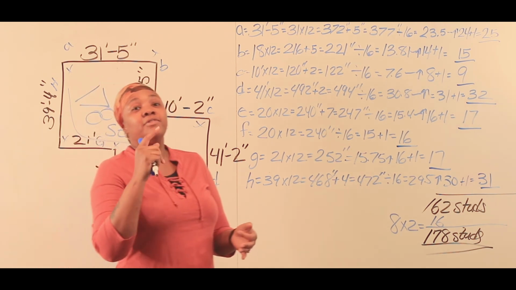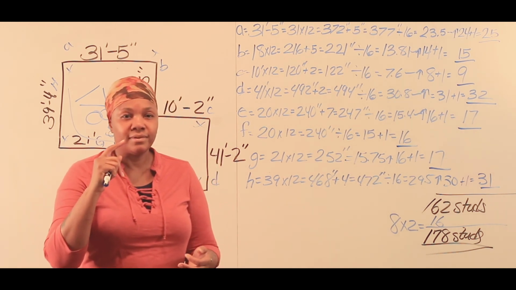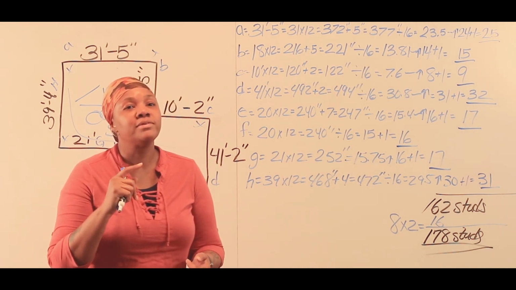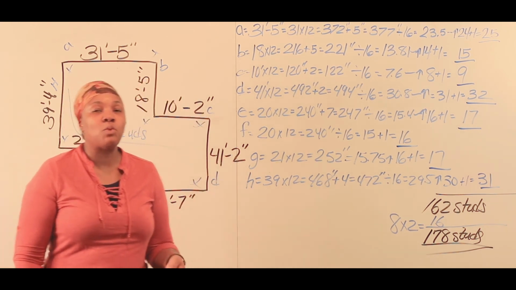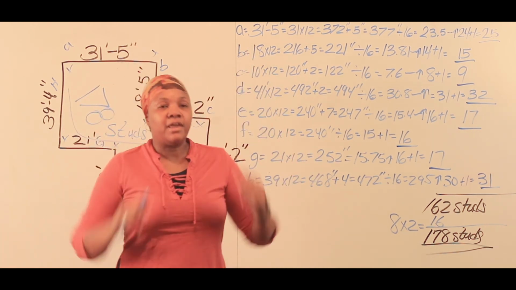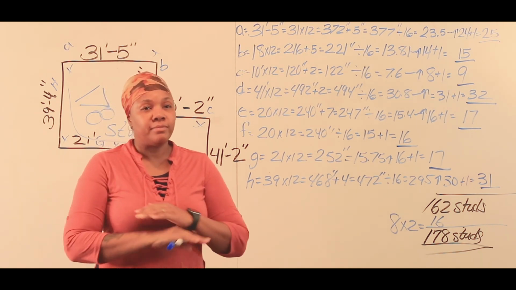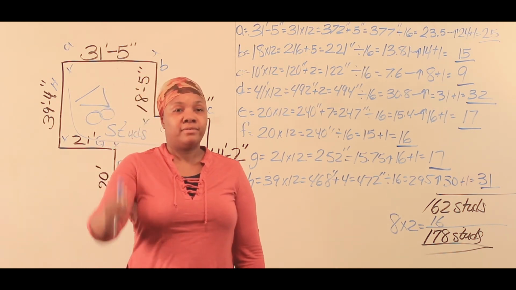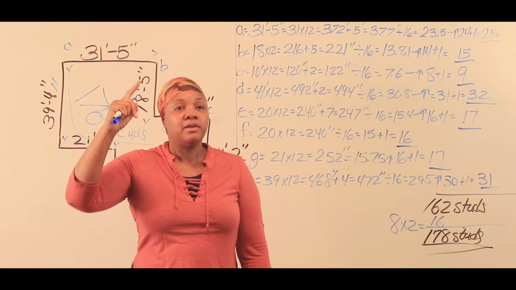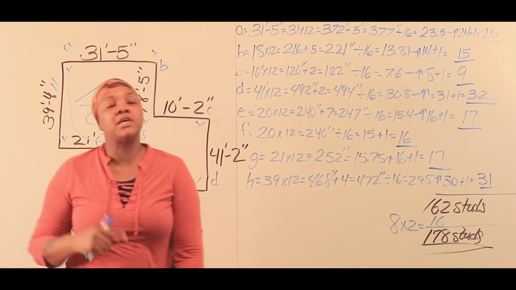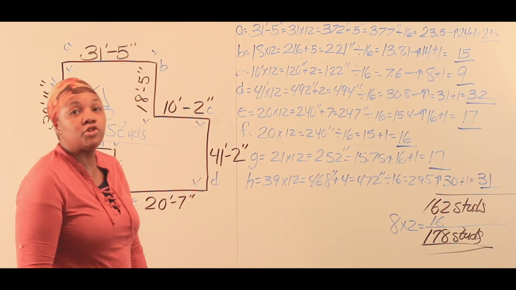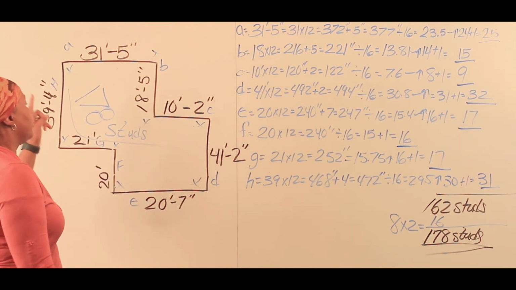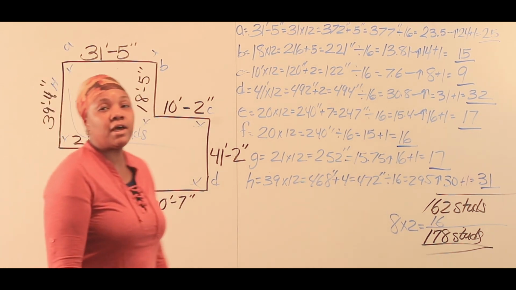Divide by 16, 16 on center. If we have a decimal, we round it up. If we don't, we don't round up, but we still have to add 1 for that starter stud for a freestanding wall. And anytime you're dealing with an entire room, a closed off space, we add 2 per corner. Bam. That is stud count.